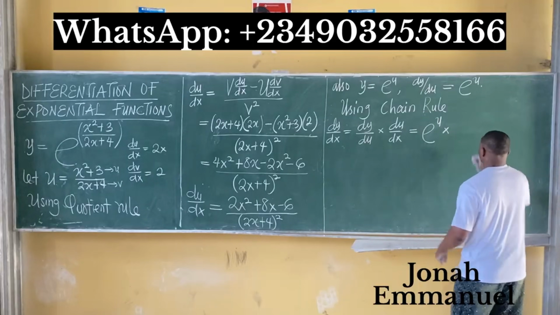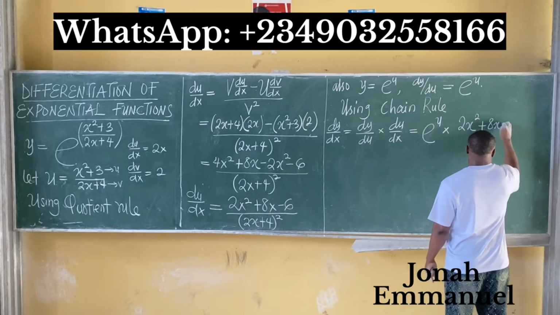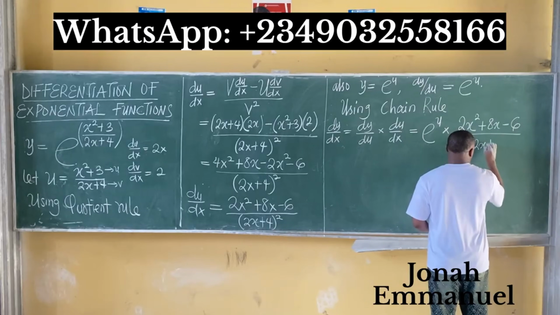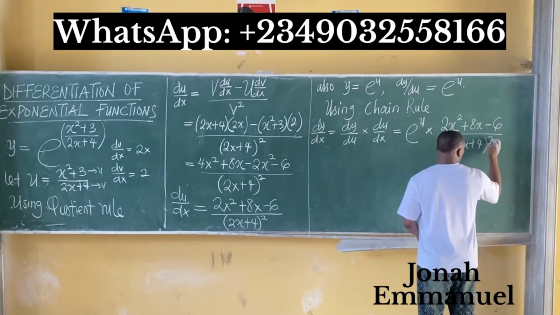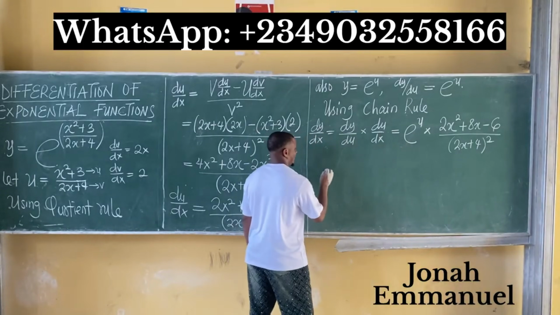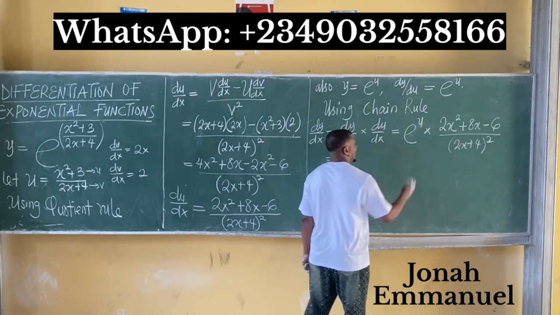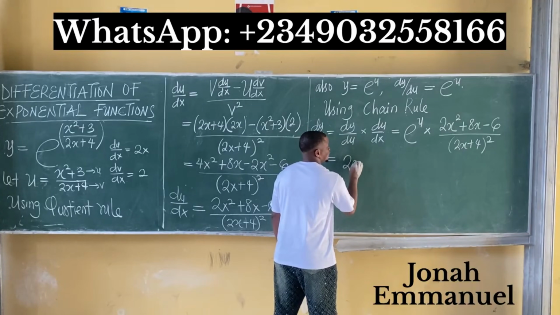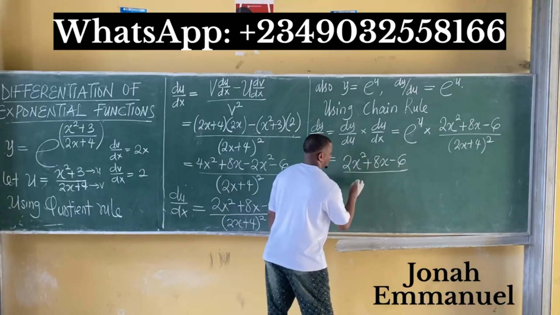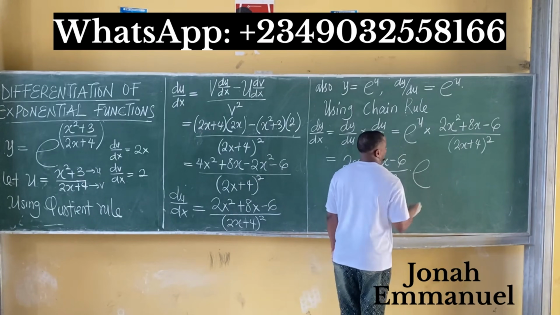What's du dx? 2x squared plus 8x minus 6 all over 2x plus 4 all squared. All right. Combine this and this. What do you have there? That will be equal to, of course, I said push exponential to the back. So it becomes 2x squared plus 8x minus 6 all over 2x plus 4 squared, then exponential u.